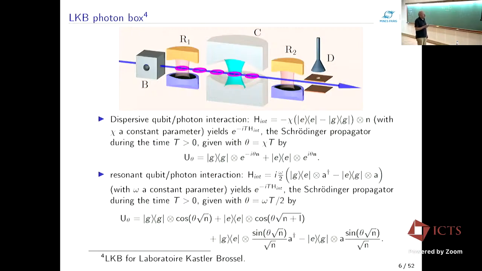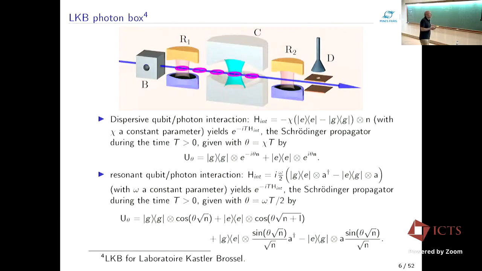So we assume that the interaction between the photon and the atoms here is given by this dispersive Hamiltonian. It is typically the tensor product of the energy of the two-level system, ground state, excited state, and the number of photons.